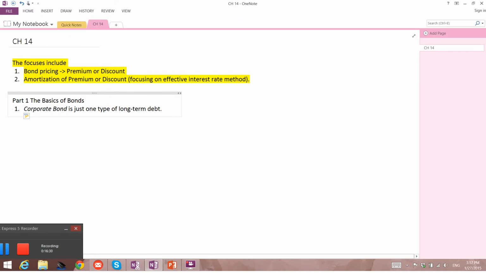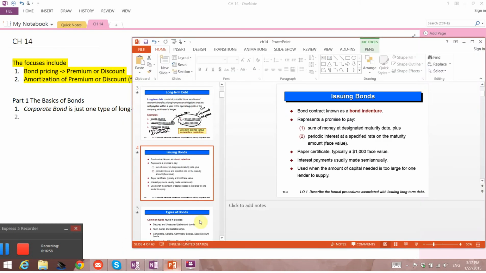And covenants are in place to protect the interest of bondholders. And bondholders do need those covenants to protect their interest because they don't have controlling rights. Okay.